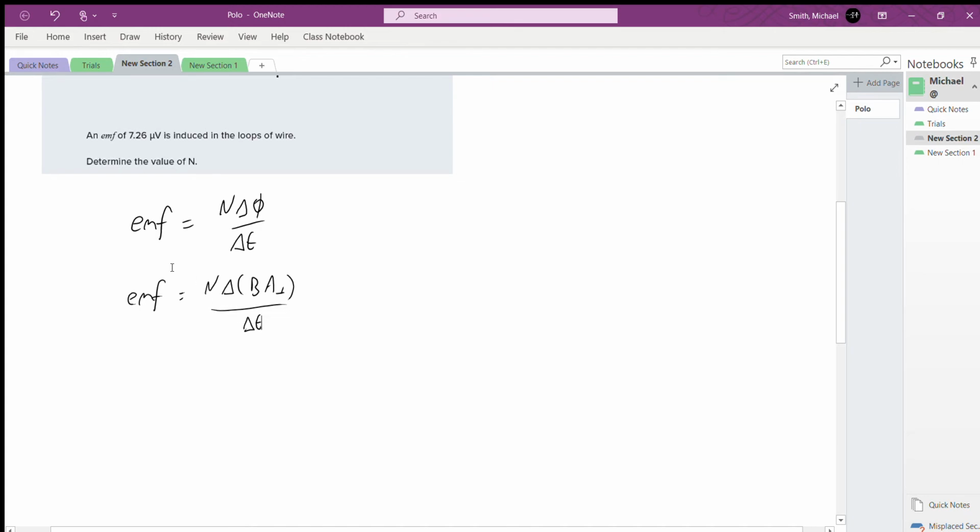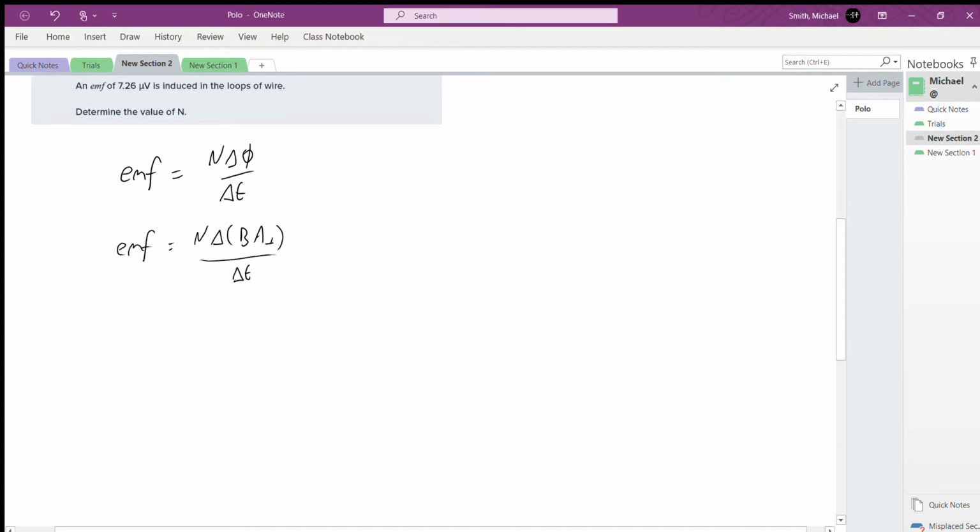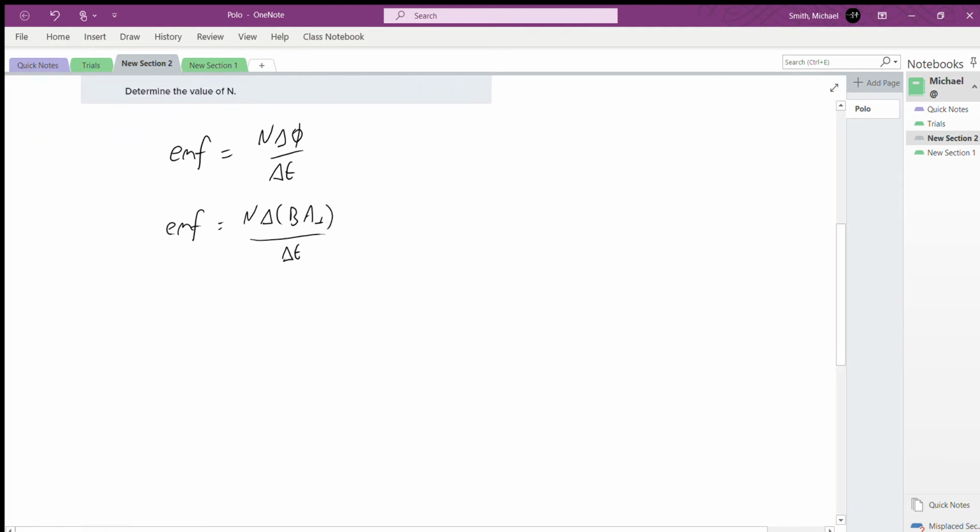And again, just to make it a little bit easier for the rearranging and substituting, I'm going to write this as n multiplied by B change in area over change in time, because the magnetic field strength remains constant. It's the area which changes.